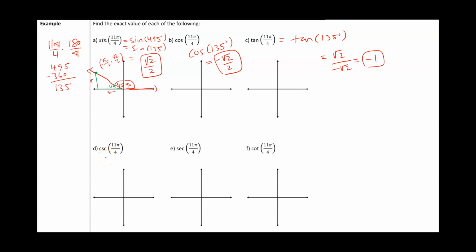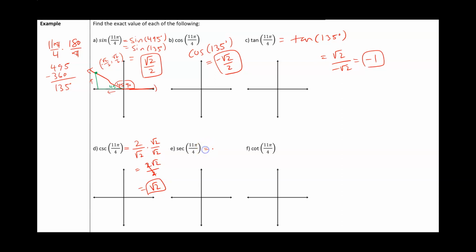Okay, part D, we want to find the cosecant. Well, we know the sine is radical 2 over 2. So the cosecant is going to be the reciprocal of that, which is 2 over radical 2. We have to rationalize this, so we're going to multiply by radical 2 over radical 2. This gives us 2 radical 2 over 2. The 2's cross out, and we're left with radical 2.